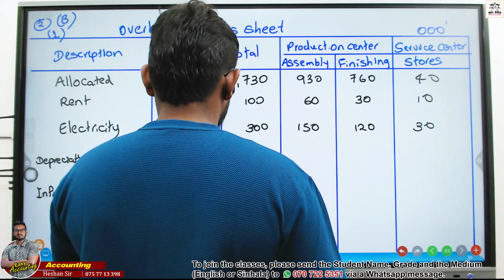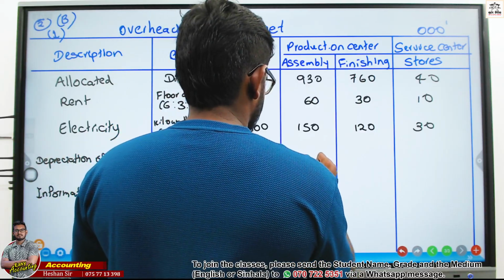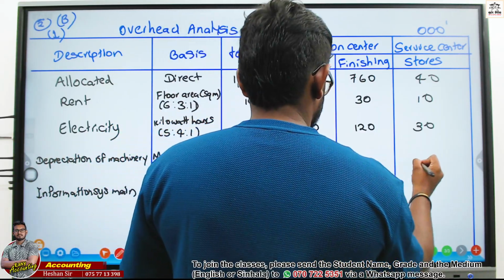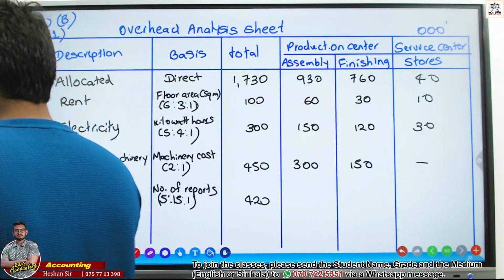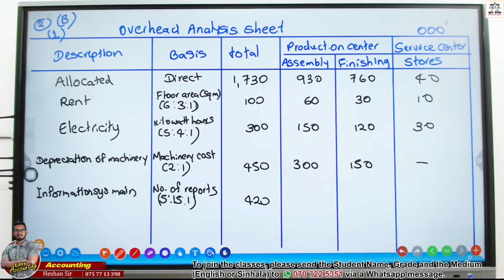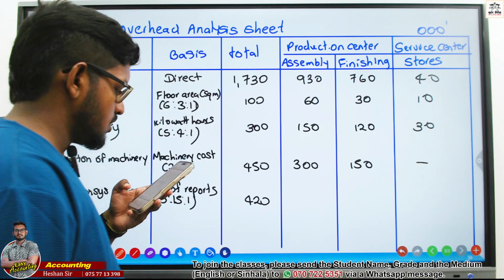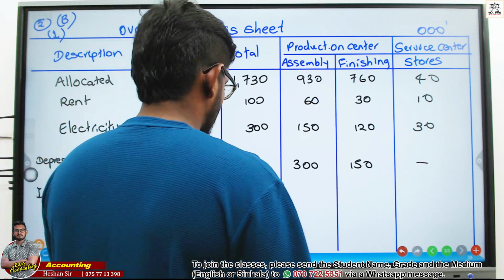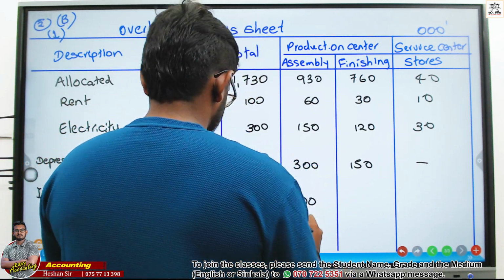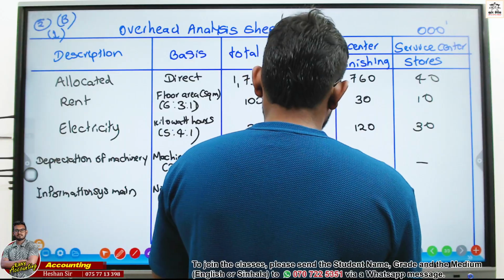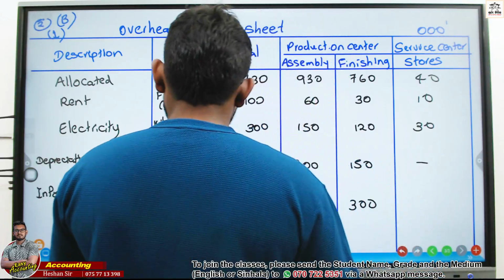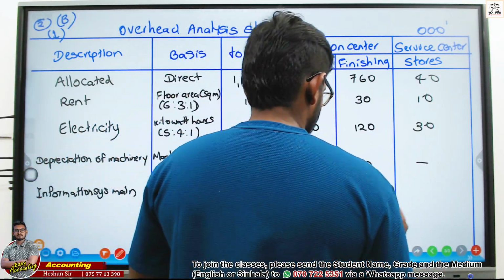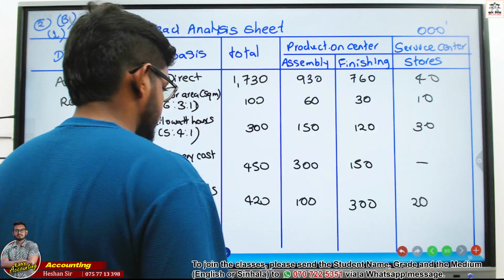In here 300 and 150. Then in here you will get 300. So 420 you will get 100, 300, and 20.